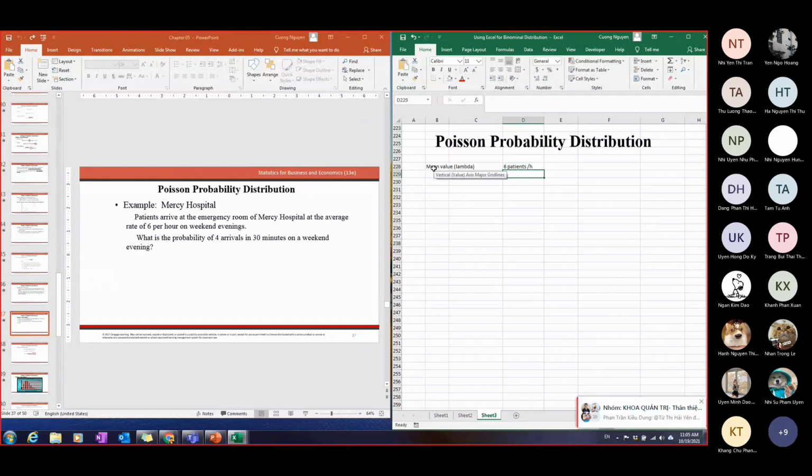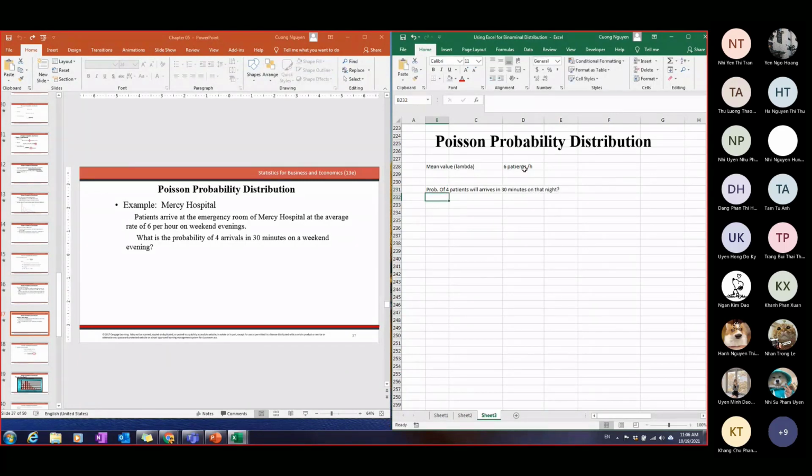Okay, over an hour. Okay, what will be the probability of 4 patients arriving in 30 minutes on that night?